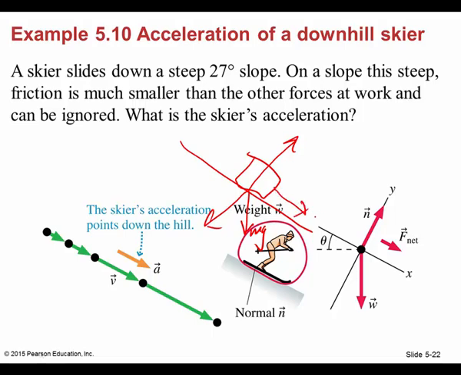Now, if the object is accelerating, guess what? It's moving that way, right? It's accelerating in that direction. So the sum of the forces is equal to ma. It's not equal to zero, so we don't put 0. We put ma, because it is accelerating. All right, so let's start drawing our vectors.